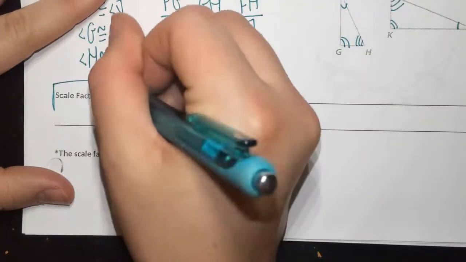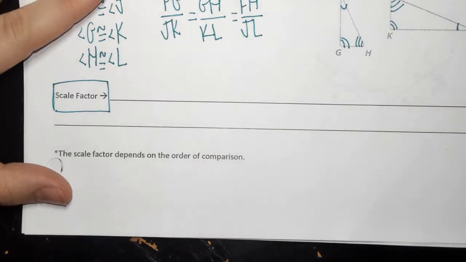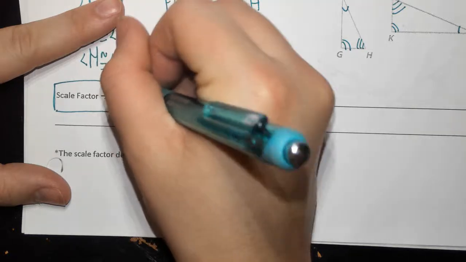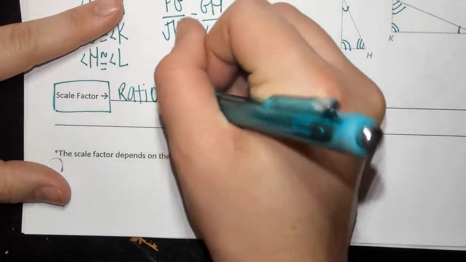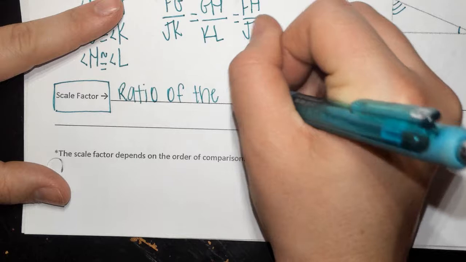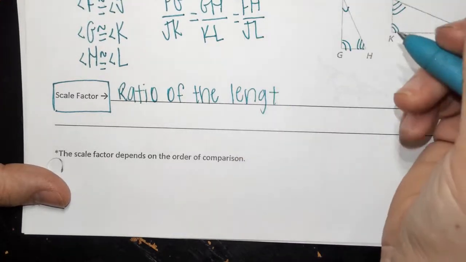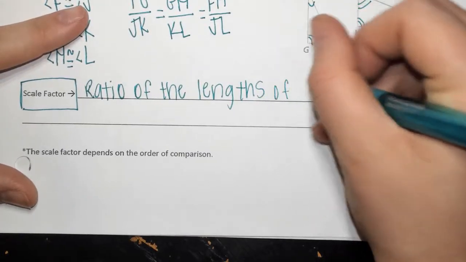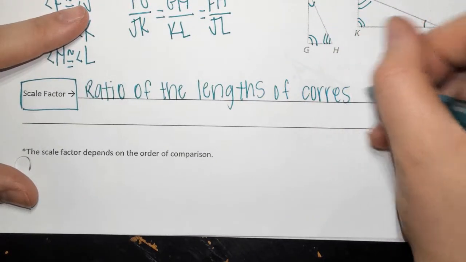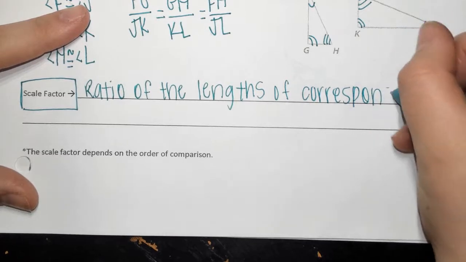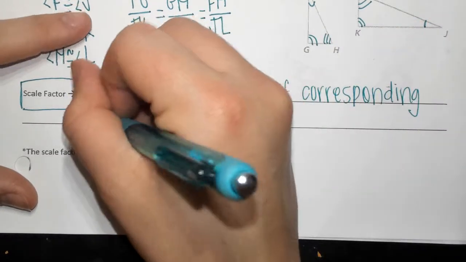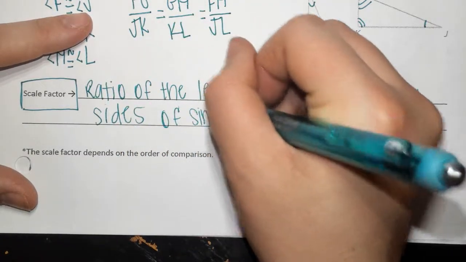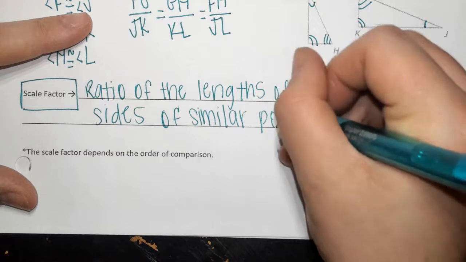Scale factor is back. Remember, a scale factor has no what? Unit. It is the ratio of the lengths of corresponding sides of similar polygons.